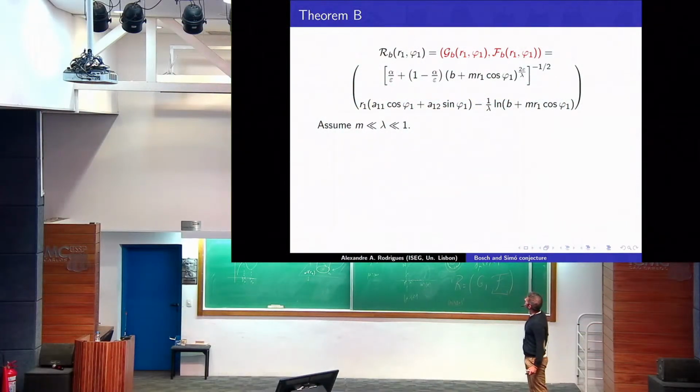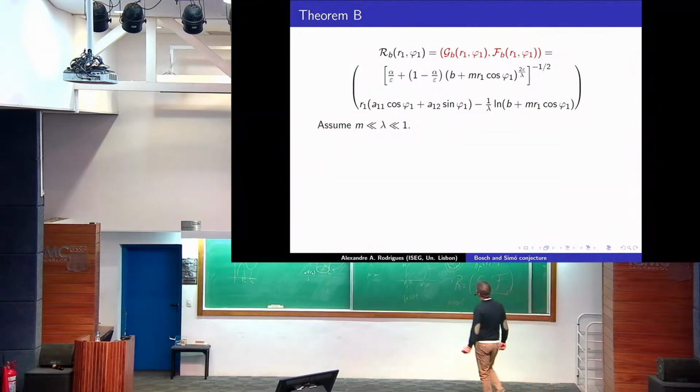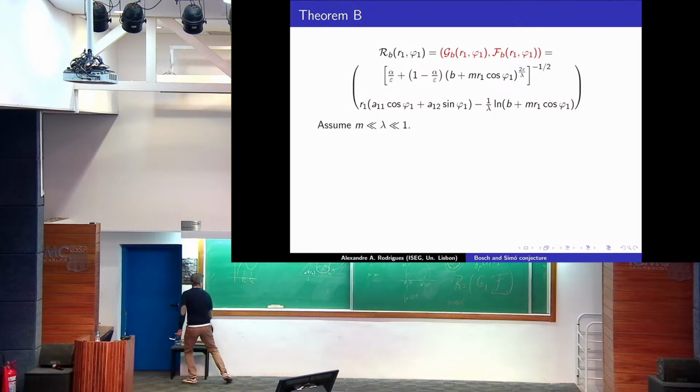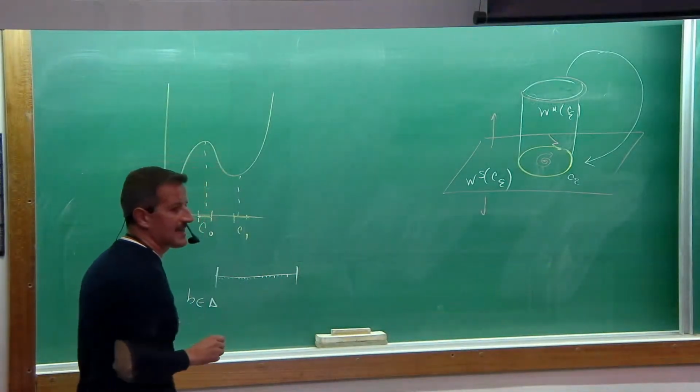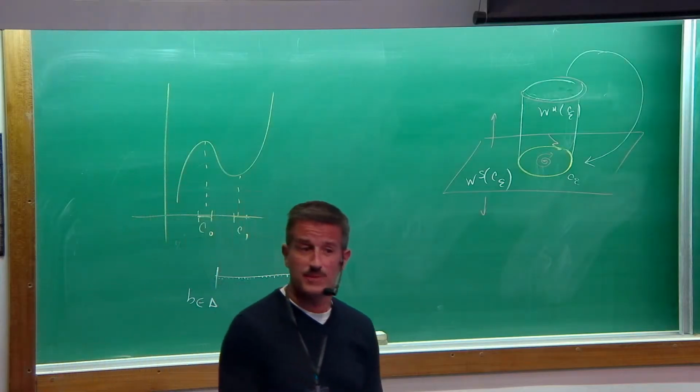The second result is about this. The first result says that for B inside an interval, so B belongs to this interval, I have a set of positive Lebesgue measure in such a way that I have a strange attractor. It's not an open set.